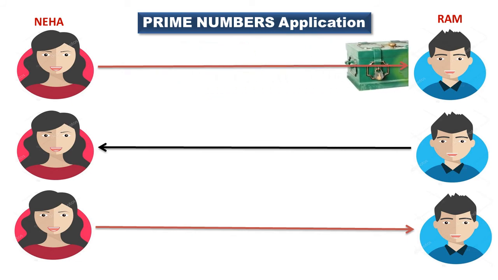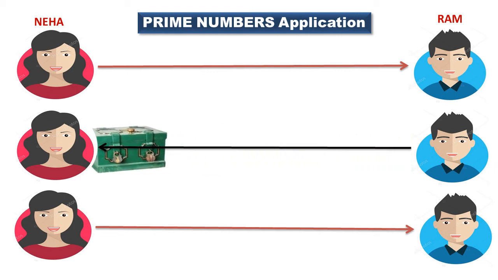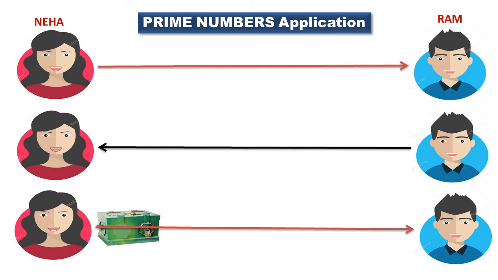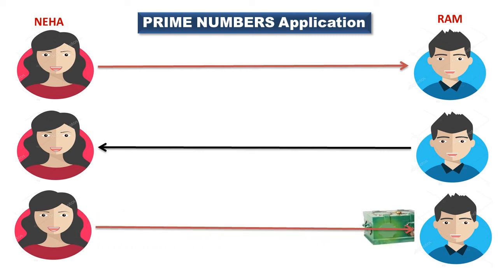Ram in turn puts another lock on the suitcase and sends it back to Neha without sending any key. Now Neha removes her lock and sends it back to Ram, who opens his own lock with his keys and gets the secret documents. This system is an example of encryption with prime numbers.